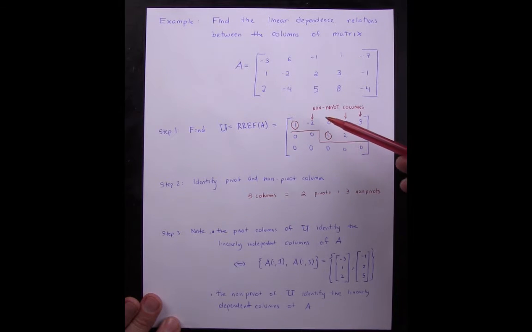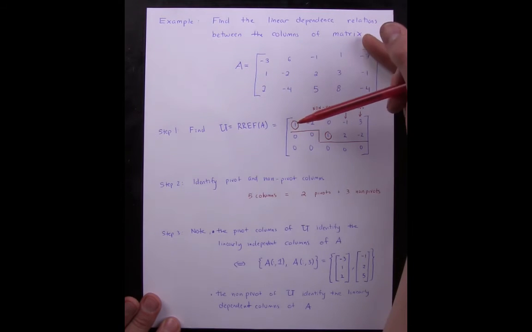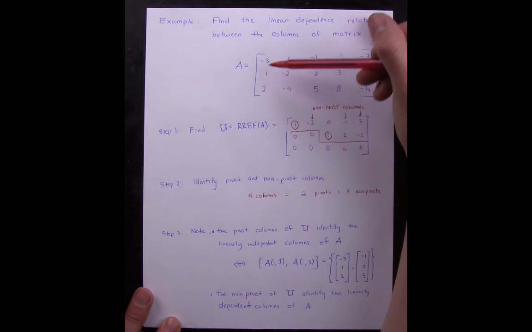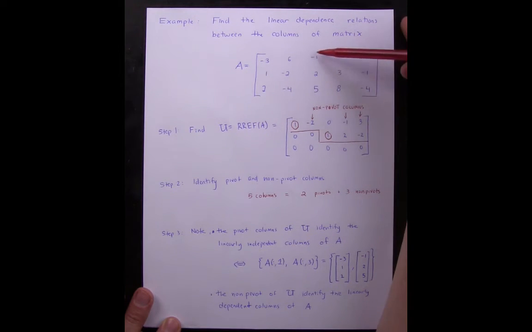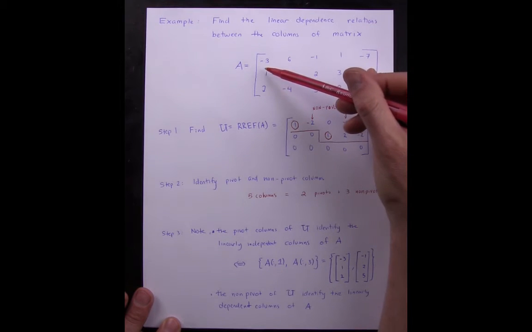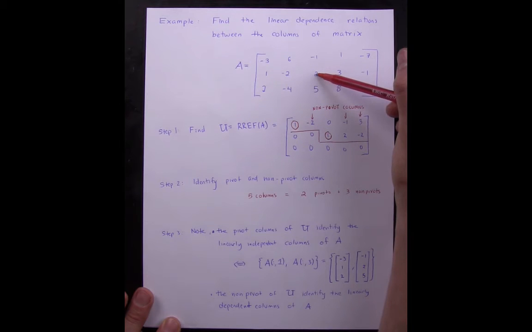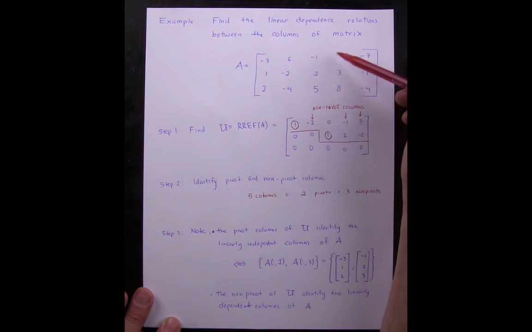If you take -1 times the first, 2 times the second pivot, you would get this column. Well, guess what? By the structure of RREF reduction, the same linear dependence relation exists within the columns of A. In other words, -1 times the first column plus 2 times the third column, which is the second pivot, is equal to the fourth column.